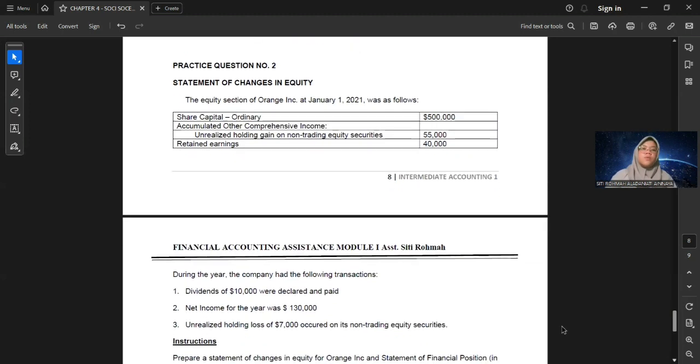Now, there is practice question number 2. Statement of change in equity. Okay, the first question is finished. Then we move to the second question, which is related to the statement of change in equity.